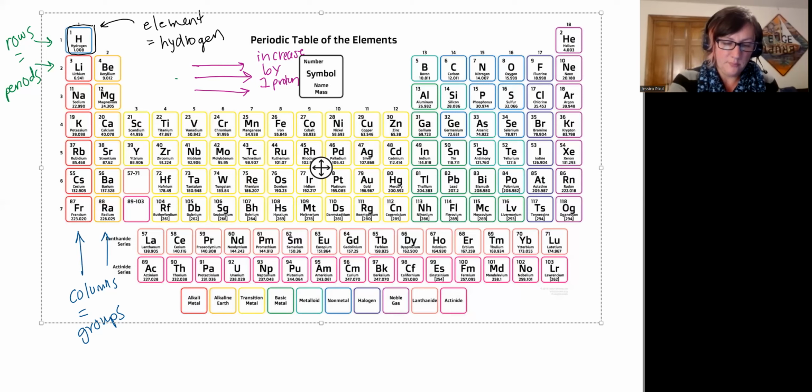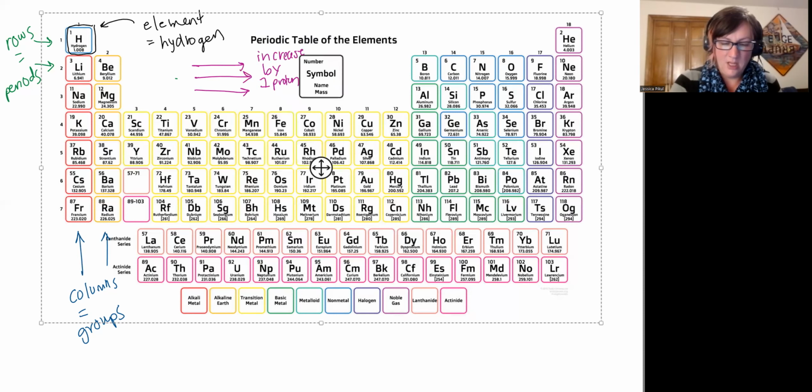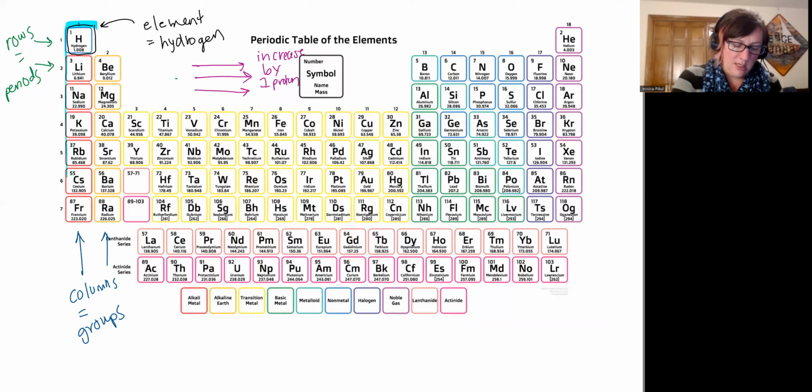But I want to highlight where they are on this periodic table. So let's pull up a different color. Let's go with blue. The main group elements are going to be these first 2 groups right here and the last 6 groups. So there's 8 of them.